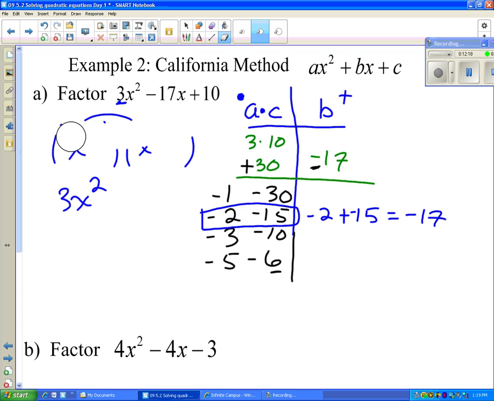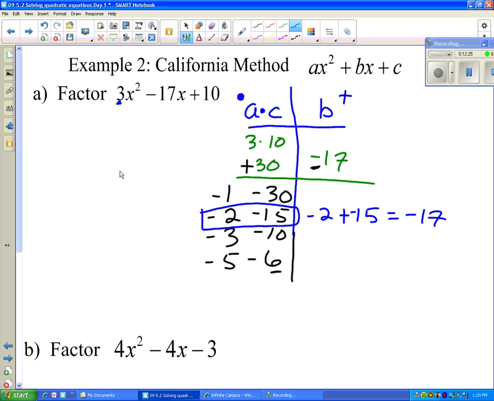So I have to throw in a 3. The question is, where does that 3 come in? I'm really not sure. So at this point, I have to do a special form where I'm going to put my 3x, the 3 comes from here, and a 3x, and I'm going to make 2 fractions. My denominators are going to be my 2 factors I came up with over here, this negative 2 and this negative 15.